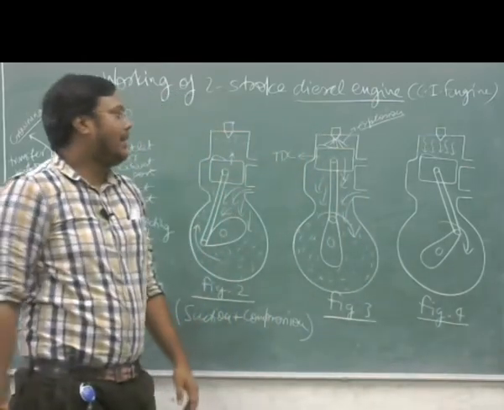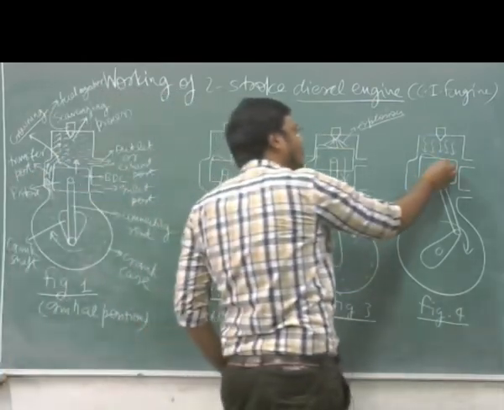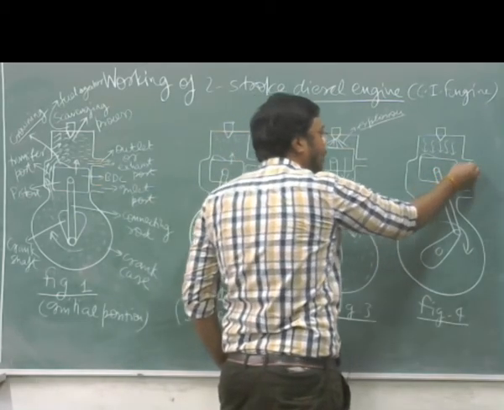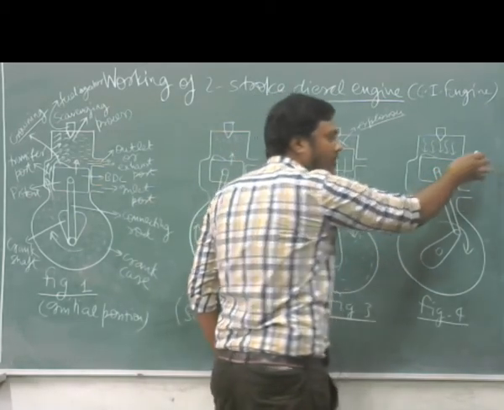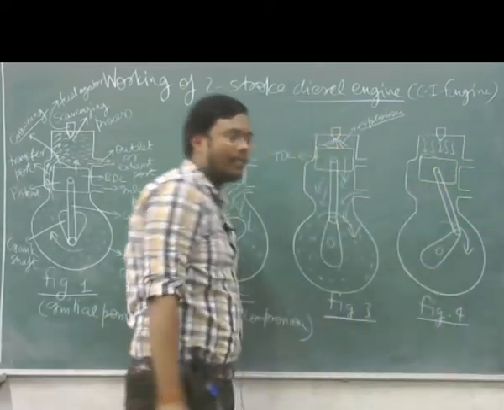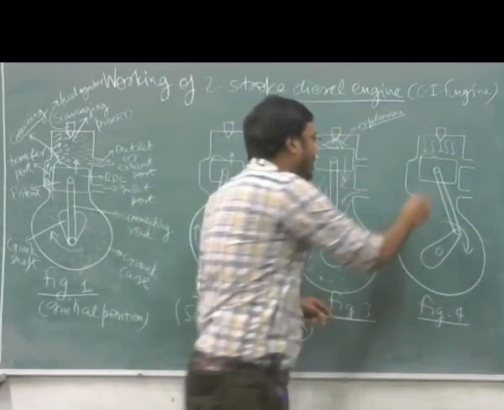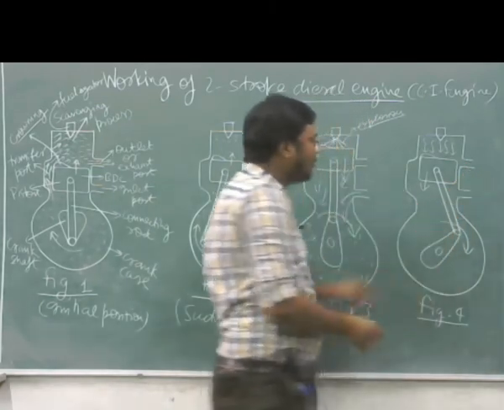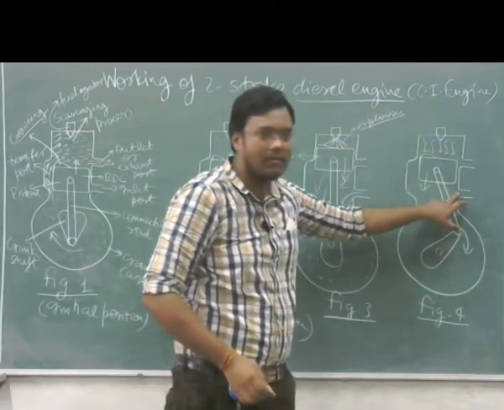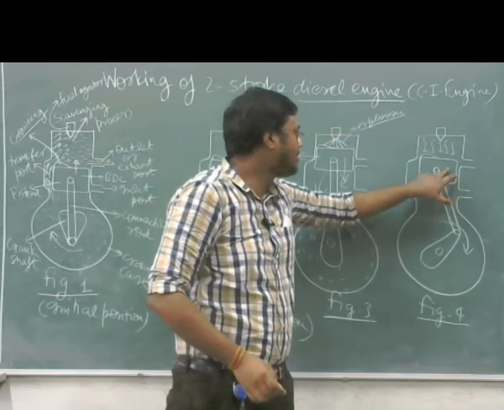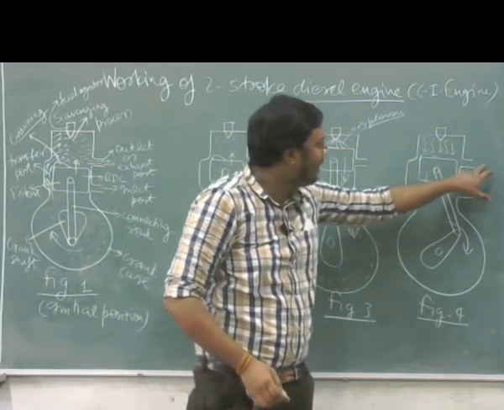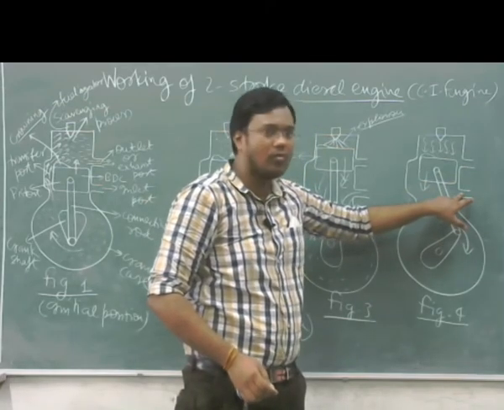Here we can see that when this piston is moving in the downward direction, the outlet valve starts to open. Now this piston is coming in front of the inlet valve, so the inlet valve starts to close.